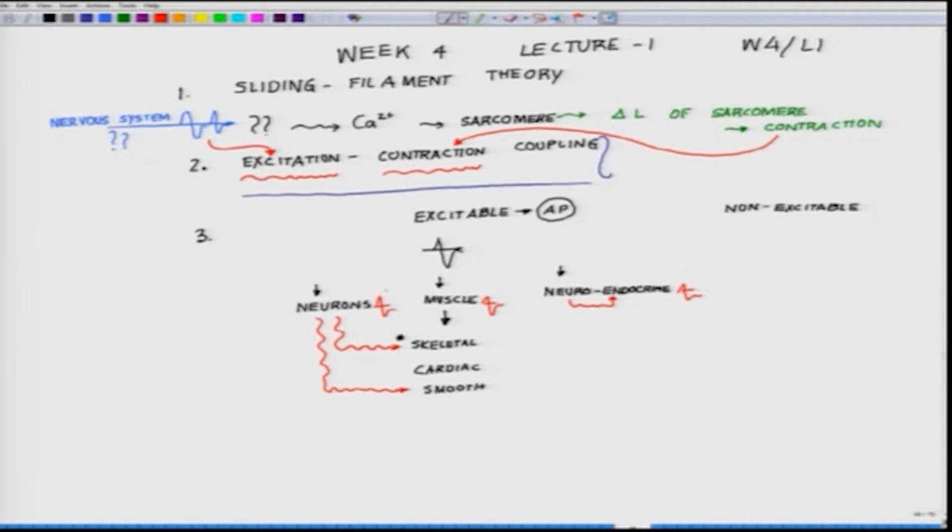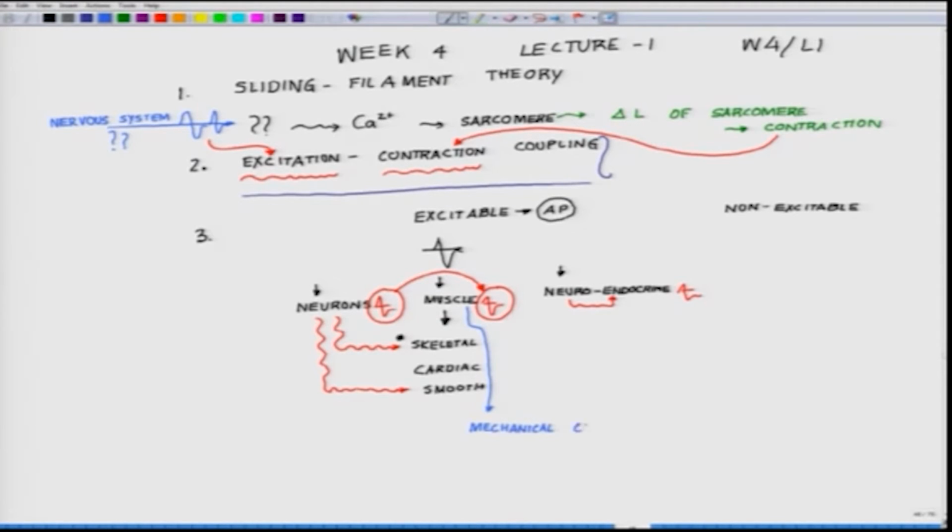So, how the action potential of neuron interacts or crosstalks with an action potential electrical activity of the muscle, because mind it, muscle has another additional task. All these muscles have another additional task, that is mechanical motion or mechanical contraction.